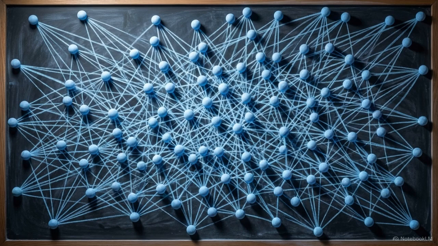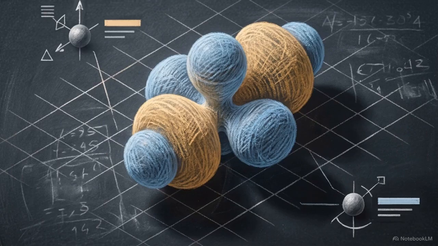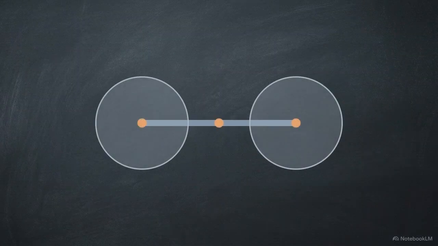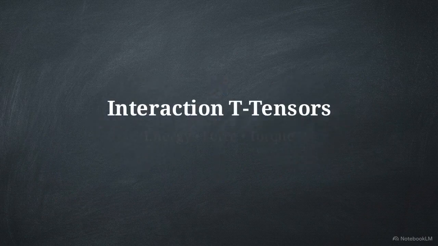Assigning a single point charge to the center of an atom is rarely sufficient for modeling the complexity of a real molecule. To mimic real electron density, we use multipole expansions, distributing point charges, dipoles, and quadrupoles at specific sites along the bonds. Modern simulations calculate the energy, force, and torque of these complex distributions using interaction T-tensors.